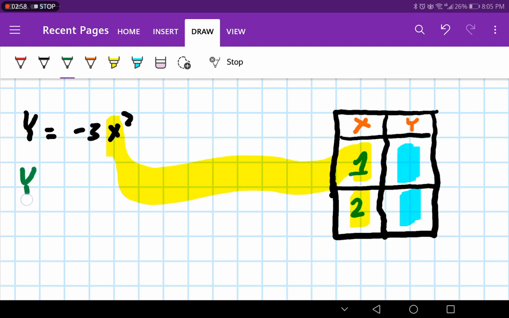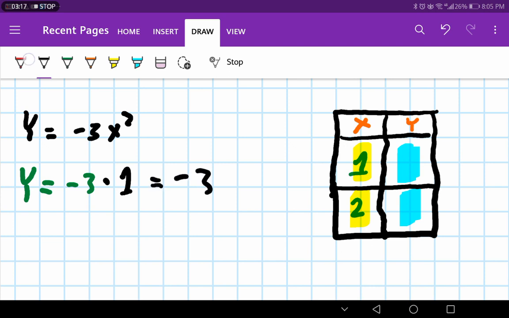So y = -3 times 1 squared. You multiply 1 by 1, and this gives me 1, and -3 times 1 equals -3. So this value will be -3. Are you happy with that?